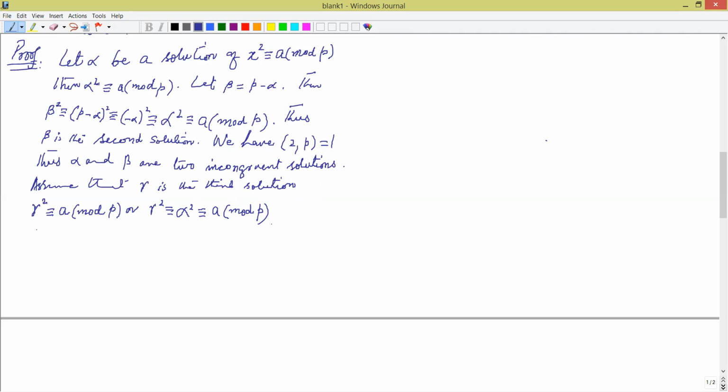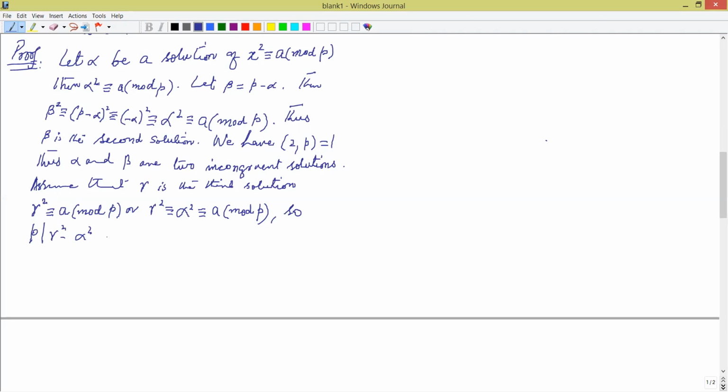So P divides gamma square minus alpha square.